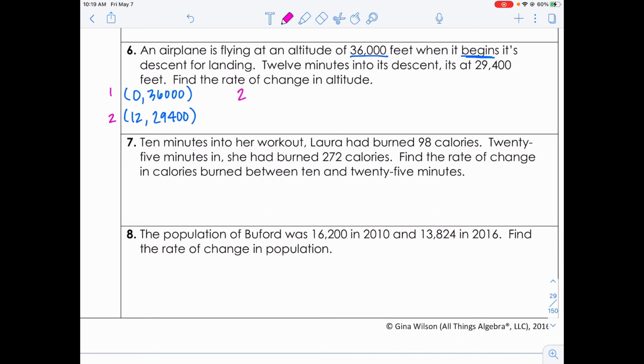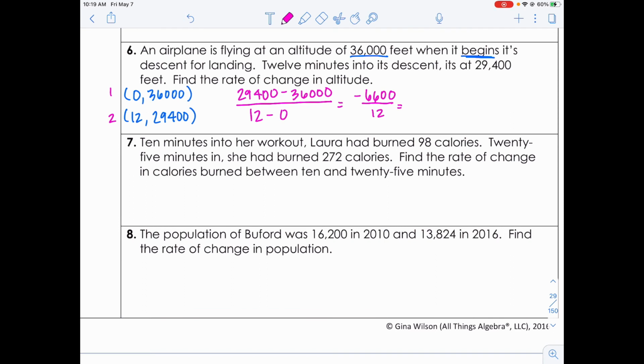I'm going to do 29,400 minus 36,000, all divided by 12 minus 0. On the top, 29,400 minus 36,000 is a negative 6,600 over 12.